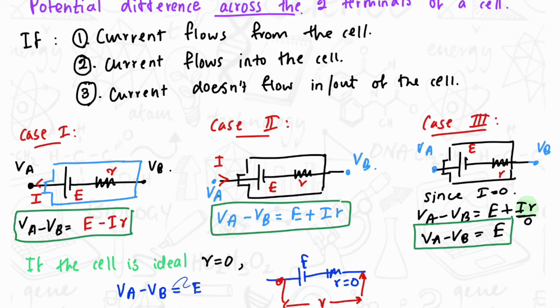Therefore, if the cell is ideal, the difference of potential between the two terminals will be equal to the EMF of the cell.